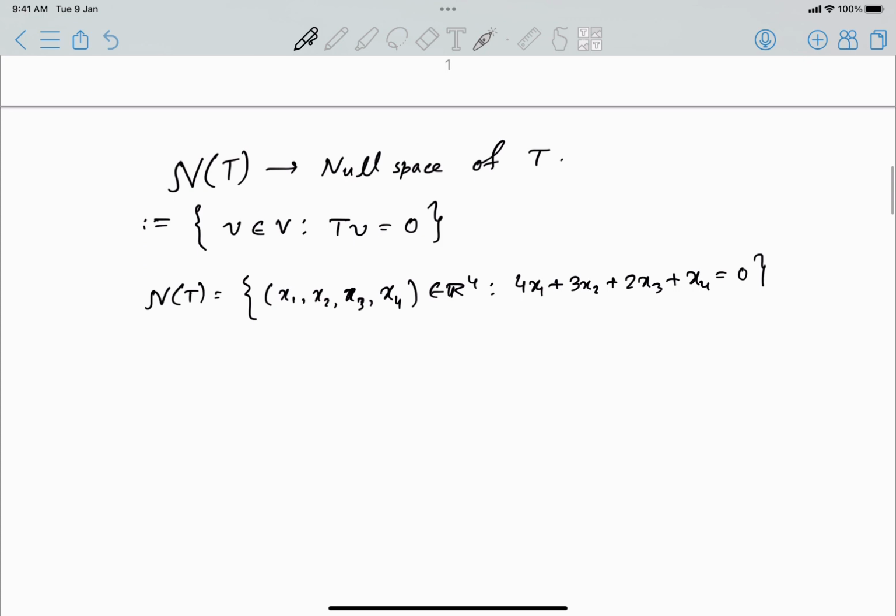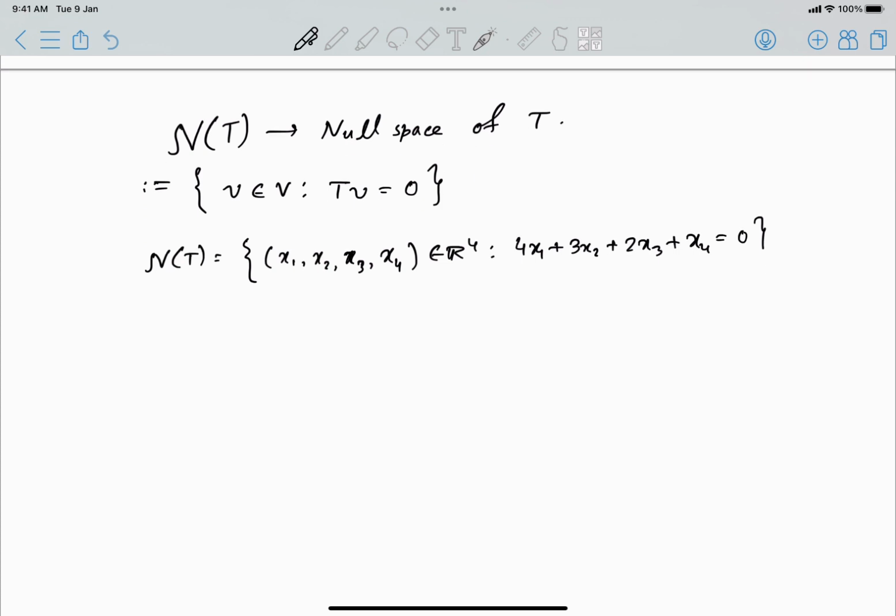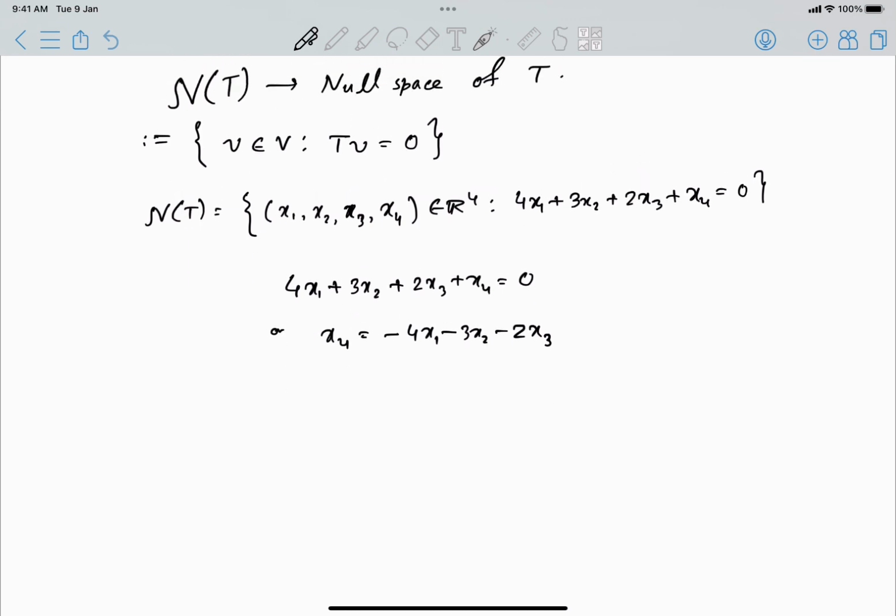Okay, so let's find what the null space will be. This equation is given: 4x1 plus 3x2 plus 2x3 plus x4 equals 0. So from here we can write x4 in terms of the others: x4 equals minus 4x1 minus 3x2 minus 2x3. As only one equation is given, we can write x4 in terms of x1, x2, x3.